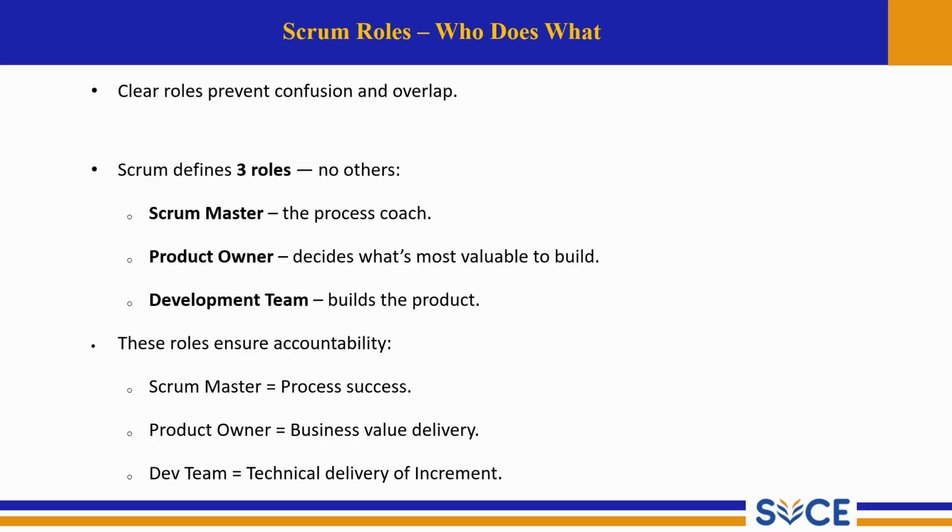Number 3, Development Team, builds the product. These roles ensure accountability. Scrum Master, process success. Product Owner, business value delivery. Development Team, technical delivery of the increment.